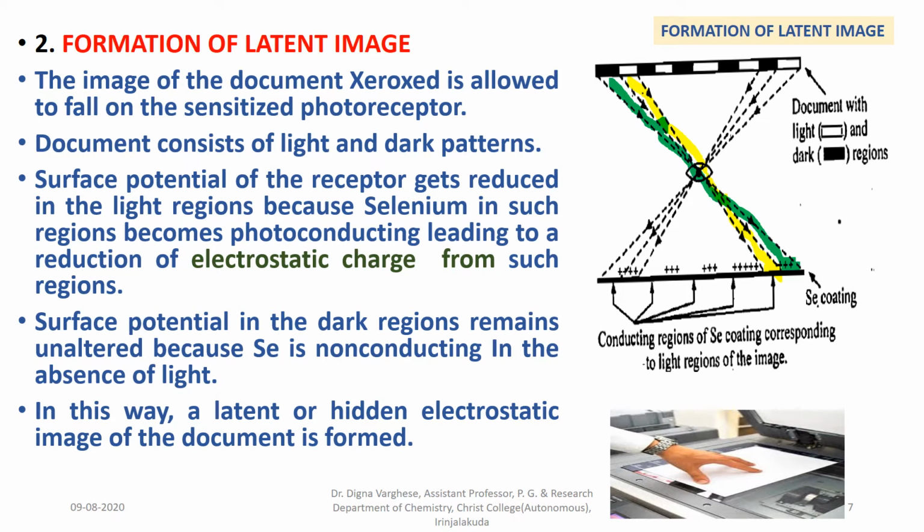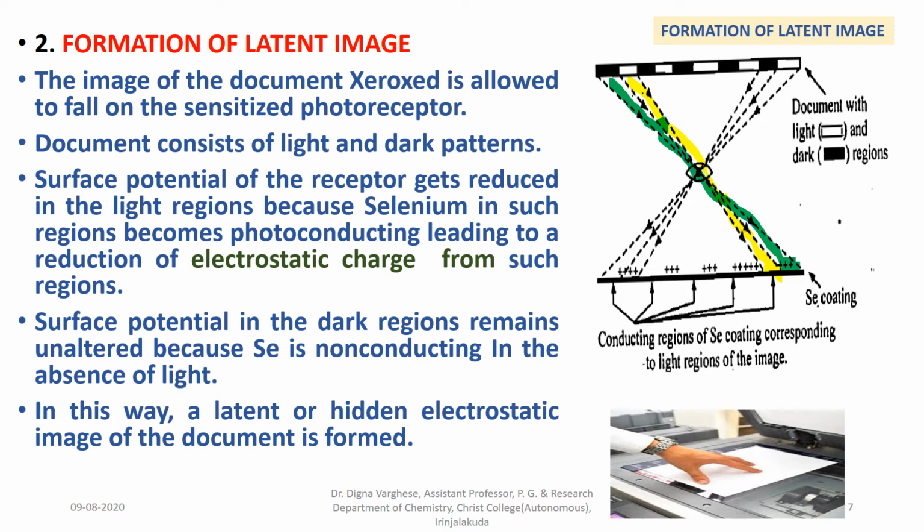Here the image of the document being Xeroxed is allowed to fall on the photosensitized receptor. The document consists of light and dark regions. In the light regions, the reduction occurs, and in the dark regions no such reduction occurs, because in the dark, selenium is non-conducting.